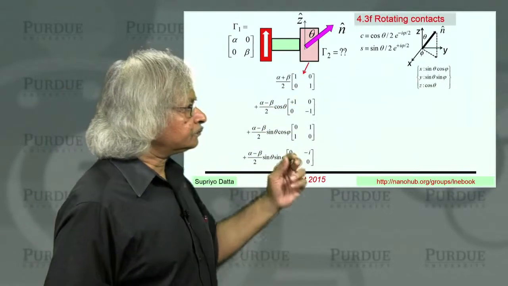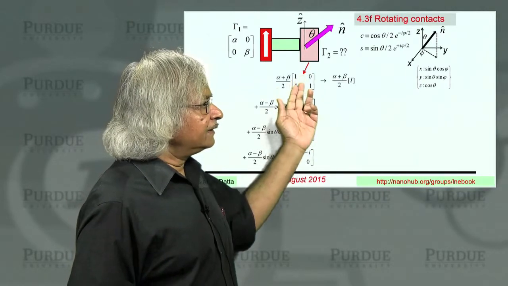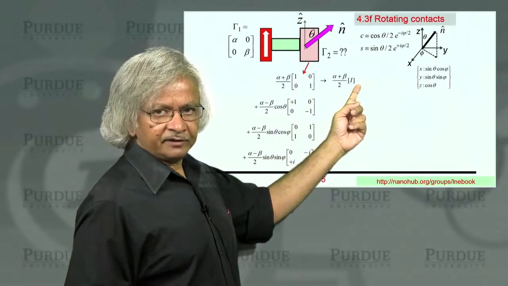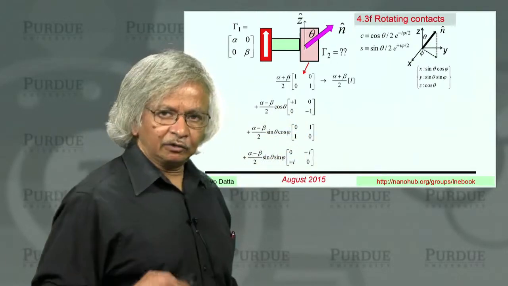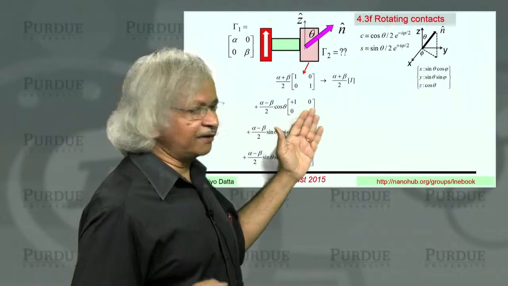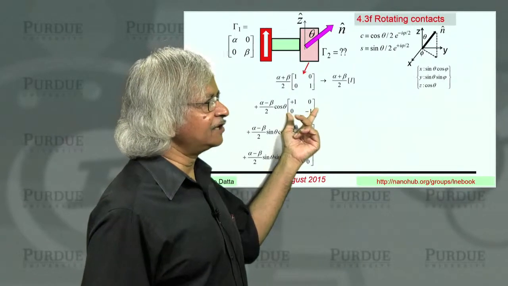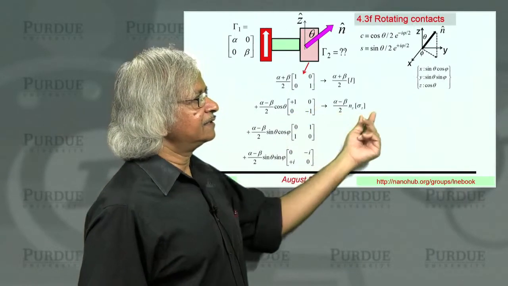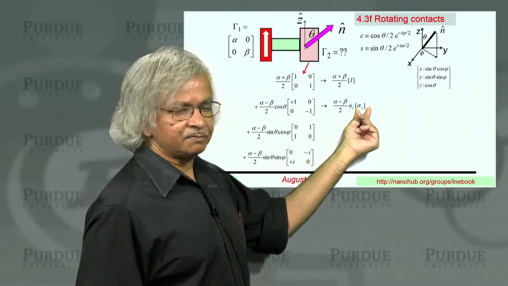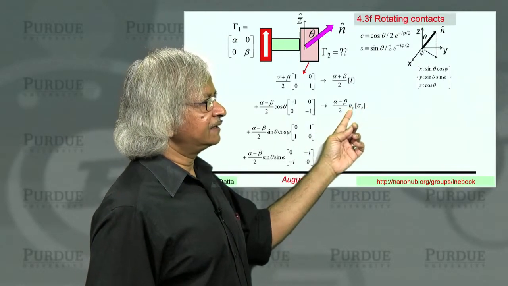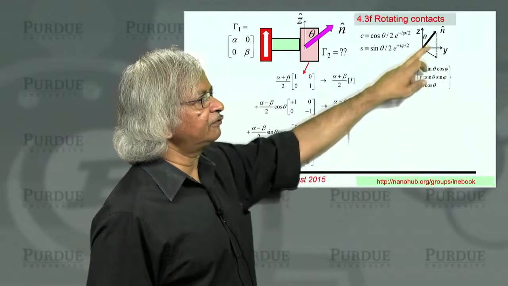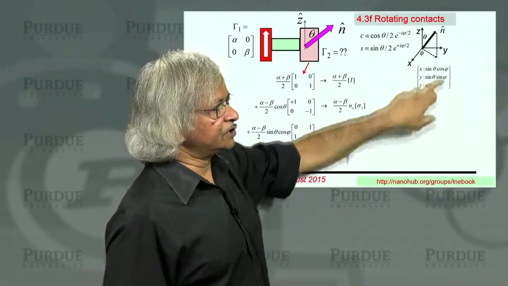Now, this is the identity matrix, and these 3 matrices are also known, they're given a name, and this is called the Z component of the Pauli spin matrix sigma. And Nz, that's of course the Z component of N, which is cosine theta.